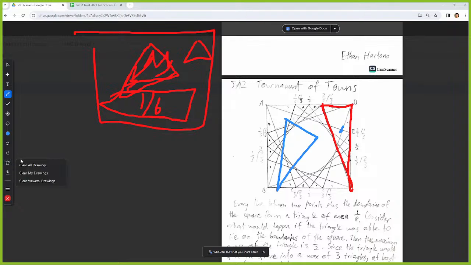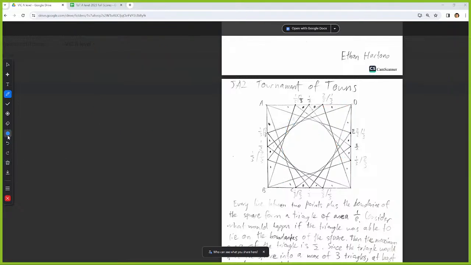So let me just erase this. Let me just draw that red triangle again, yeah? Okay. Now, what if I draw another red triangle here? So I join the half to the third, yeah?